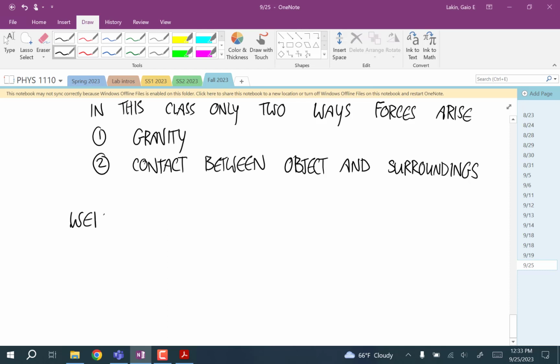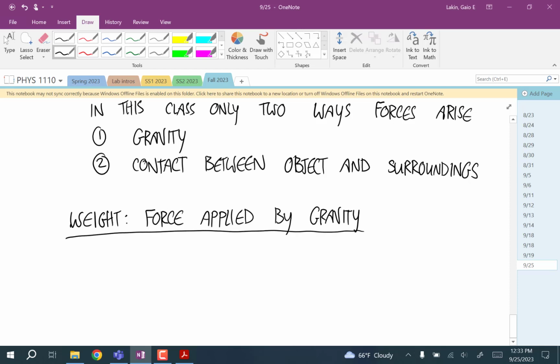So first, let's talk about the weight. That's the force applied by gravity. Well, I showed the video of the bullet being dropped and the bullet fired.